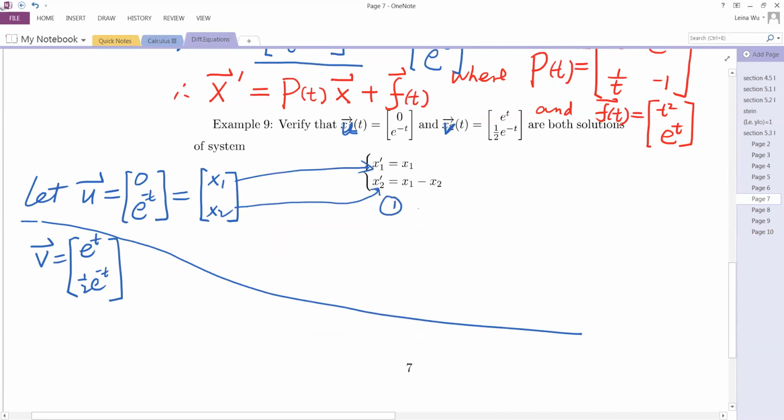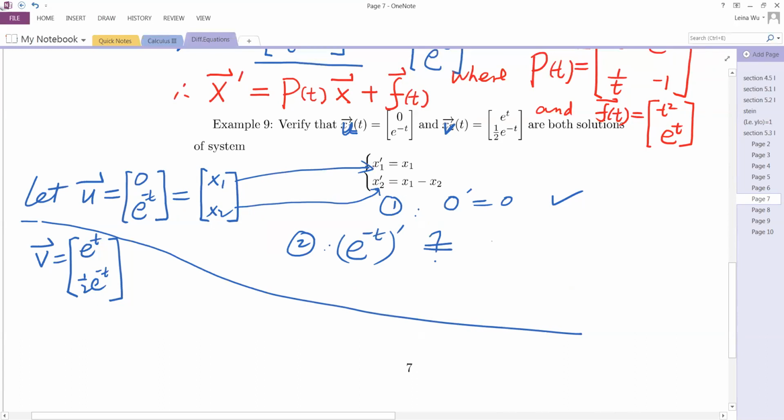First equation: x1 prime, so 0 prime, of course, equals 0. Check. Second equation is x2 prime, so e to the negative t, prime. Is that the same as x1 minus x2?